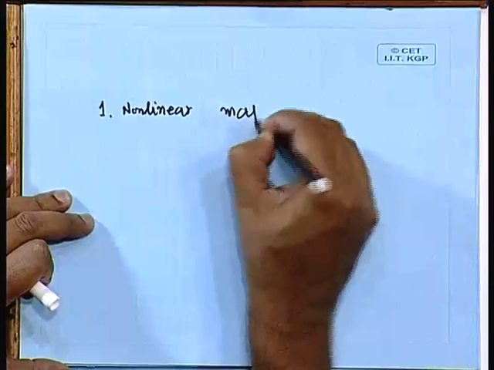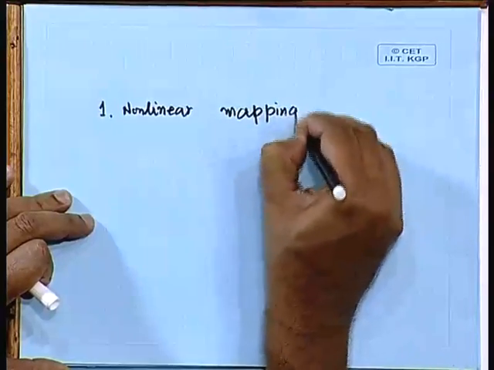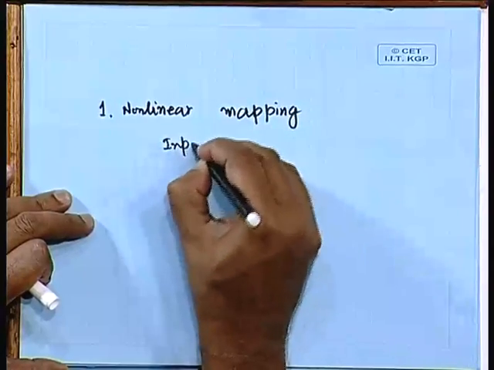Now, the two basic important points that came out of Cover's theorem are, number one, that the mapping we are doing from the input space to the hidden space is essentially nonlinear. It is a nonlinear mapping from input to the hidden space.